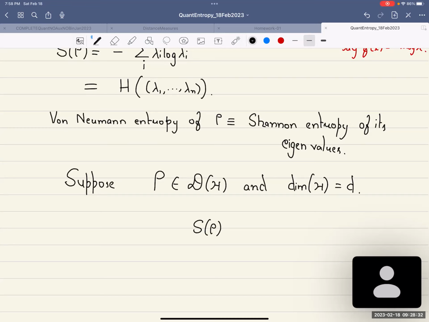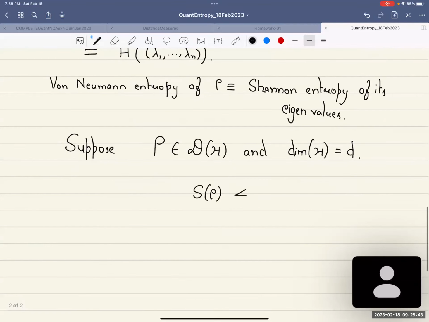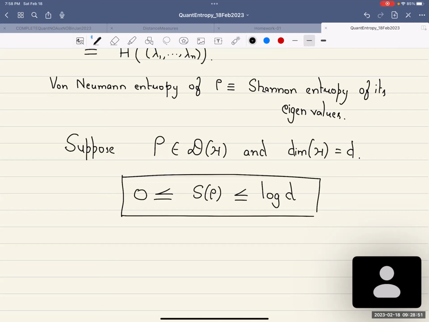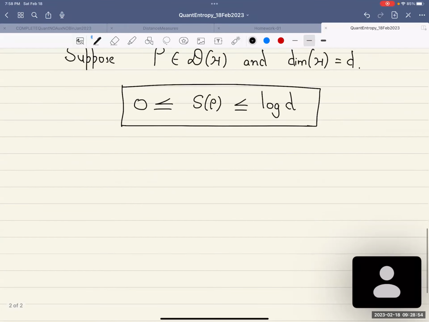It's at most log D, and at least 0. How do you show this? Suppose P_X is a distribution on X and the cardinality of X equals D. How do you show that the entropy of P_X is at most log D?